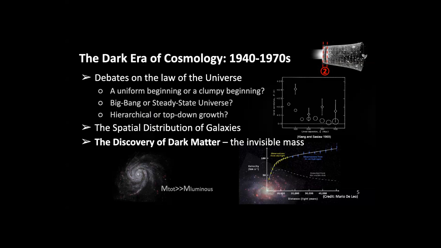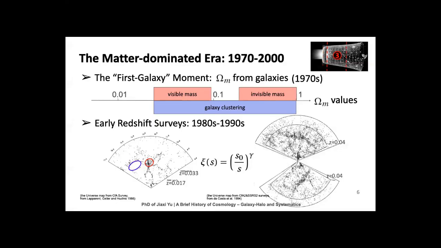And it's also the time, by the end of the 1960s, that you discover dark matter in the universe. You realize that the mass around the galaxy is much more important than the mass of stars. And so you start to have this ingredient, the dark matter, in your cosmological model at that time. Then people started to ask, but how much dark matter?